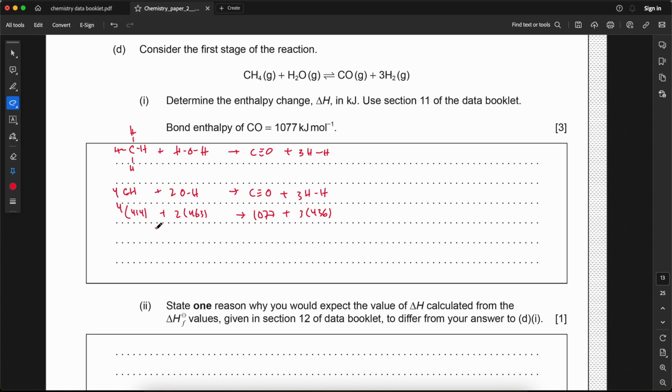That would be 2582 becomes 2385. So delta H would be 2582 minus 2385 becomes plus 197 kilojoule.